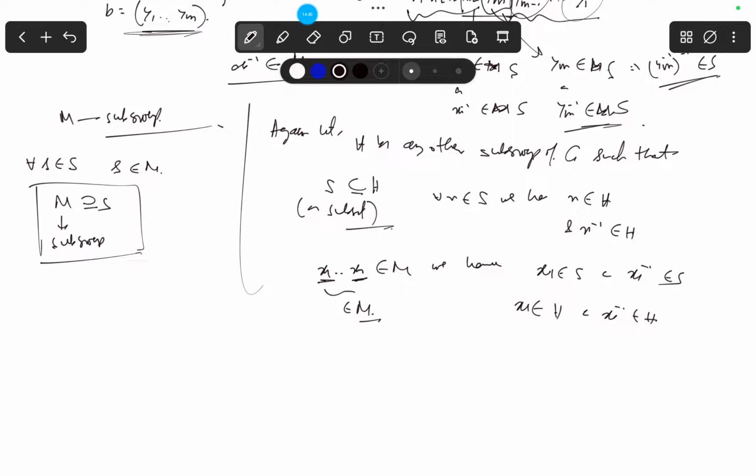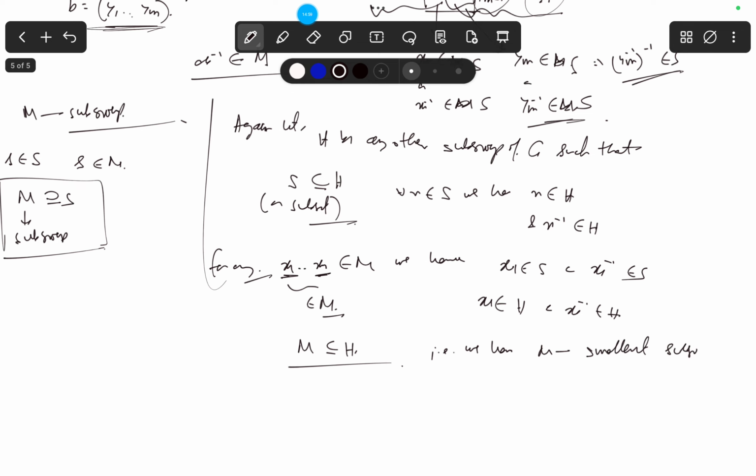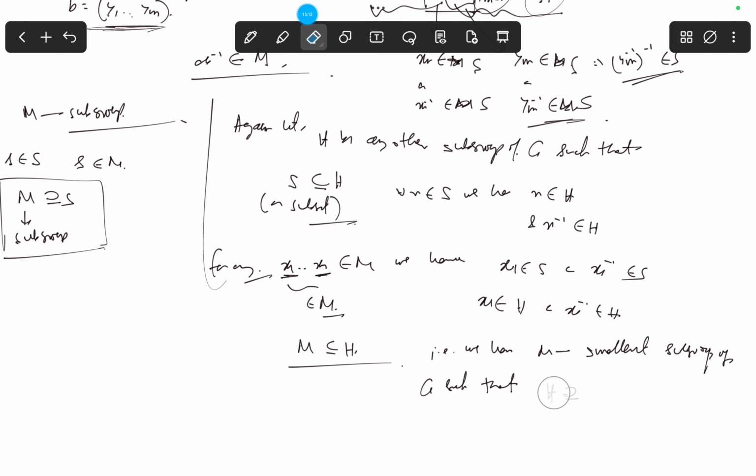So basically M is contained in H, and this is true for any such H. So M is the smallest subgroup of G such that M contains S as a subset.